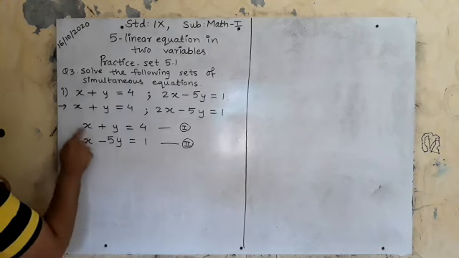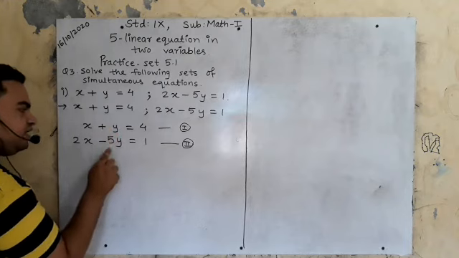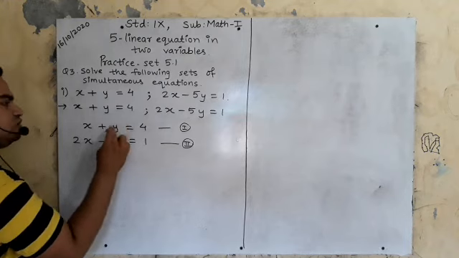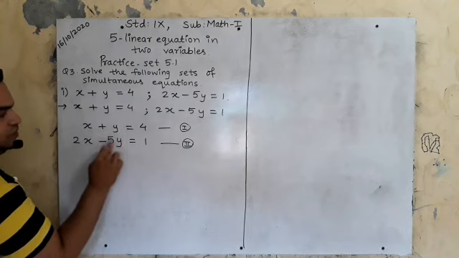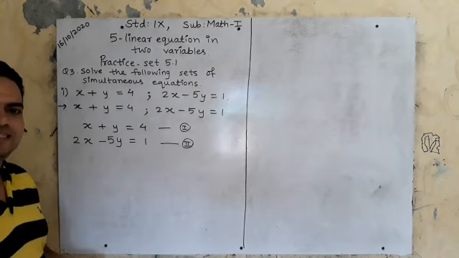How? Here the coefficient of x is 1, here the coefficient of y is 1, and here I want 5, so that it will be equal and opposite, and it will get cancelled.